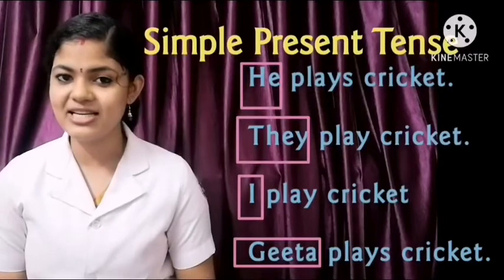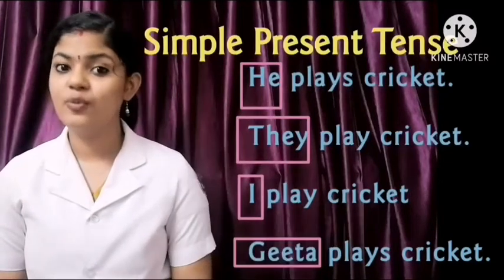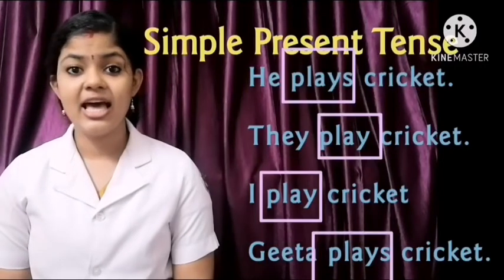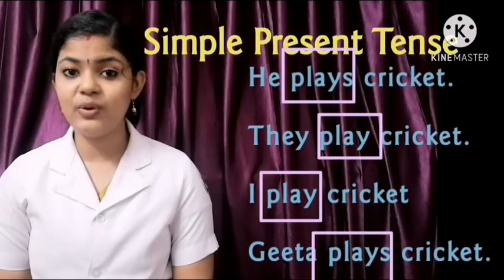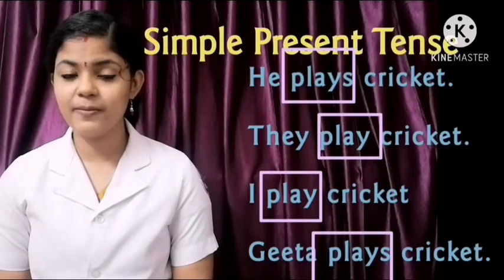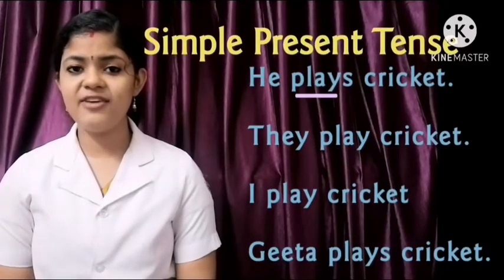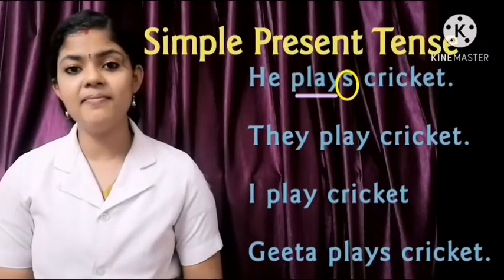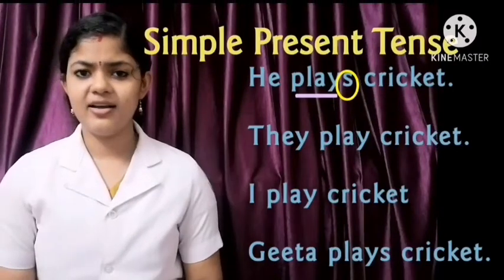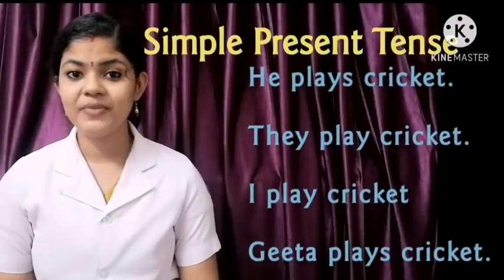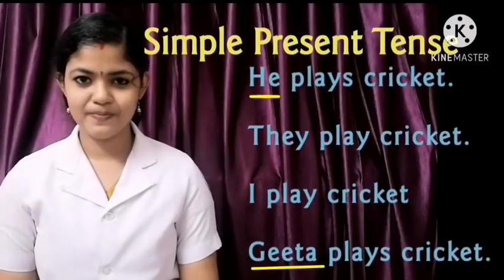So these are the subjects, and the next one is the verb. In this verb we can see s is added to the base form of the verb, which means play is the base form of a verb, and we add s and it becomes plays. But we see the word plays with he and Geeta.